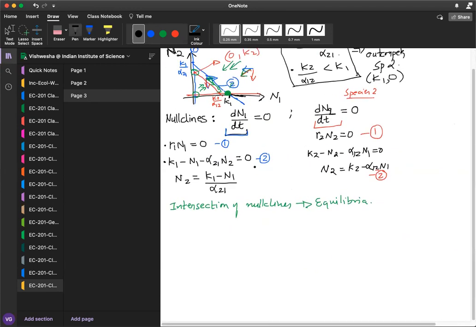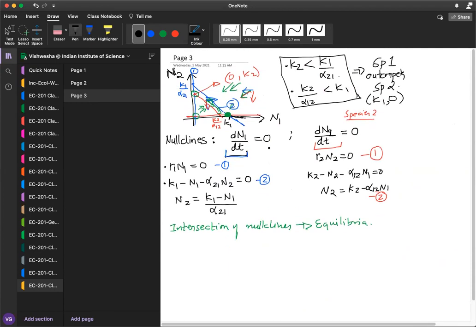So the conditions that we have just written down also lead to what we can call case 1. Case 1 corresponds to K1 greater than alpha 2-1 times K2, and K1 also greater than K2 divided by alpha 1-2.